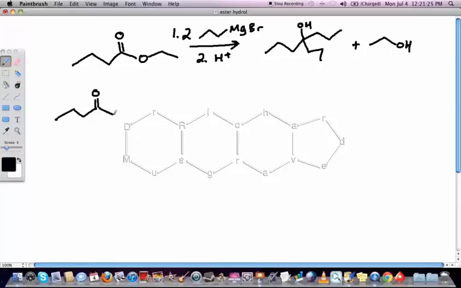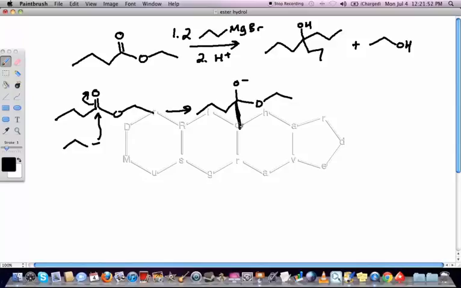And you'll see the usual portion of the mechanism first. So here's our Grignard reagent, which comes in to attack. And remember, to draw the Grignard reagent, we look at the C to which the Mg is attached, and that's where the negative charge goes. Alright, so now we've got this.